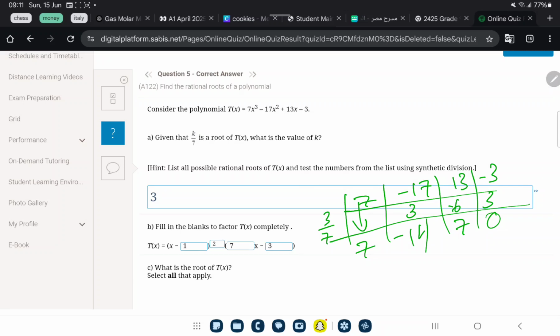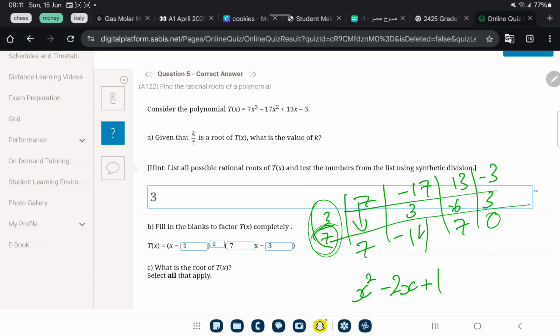And whenever you do synthetic division by a fraction, after you're done, you divide by the denominator so you can completely factorize. So we're going to divide by the denominator, and we get x squared. So we basically factor out the 7. x squared minus 2x plus 1.